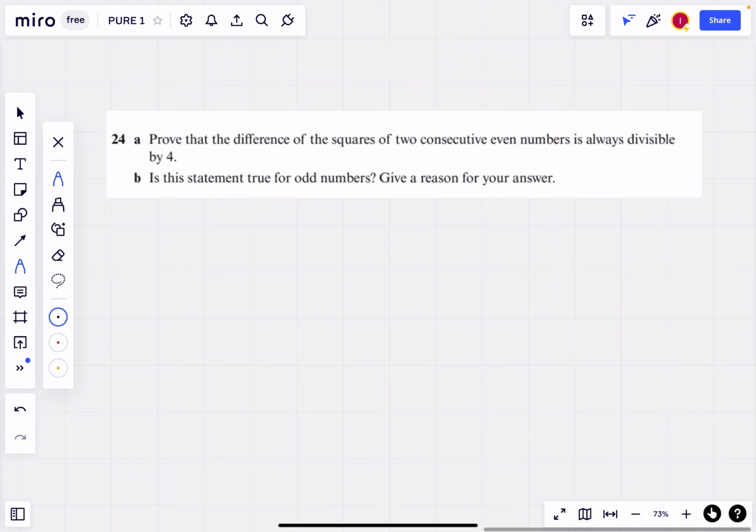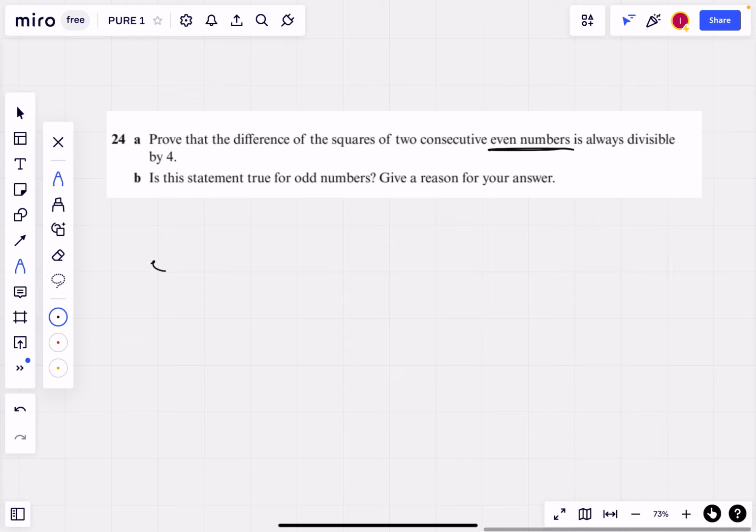Okay, you can break this down and you can lay out logical steps to prove it. It says the squares of 2 consecutive even numbers. A number is even when it's multiplied by 2.